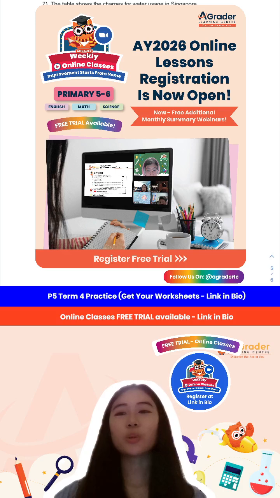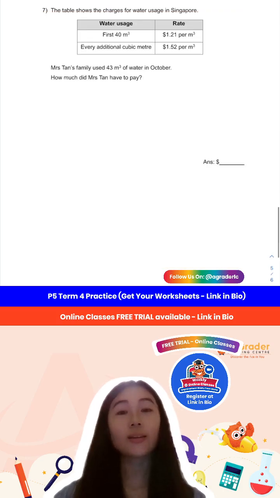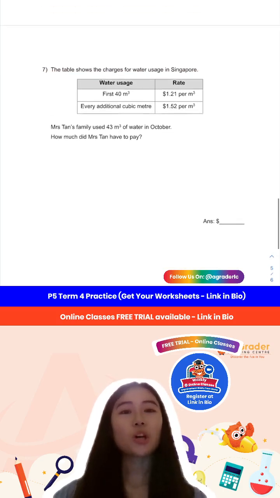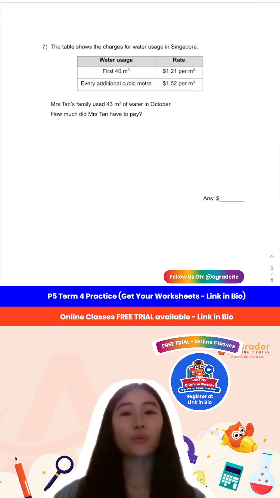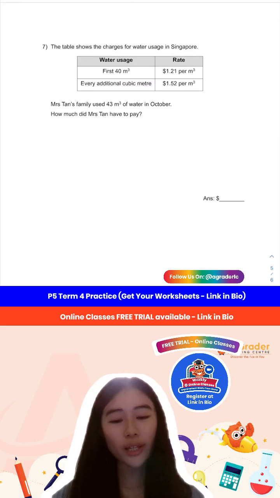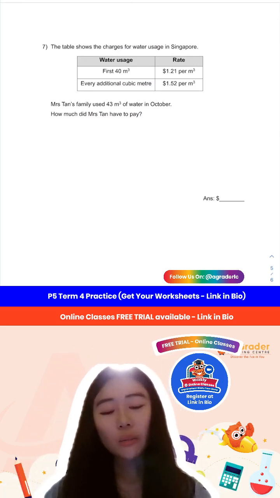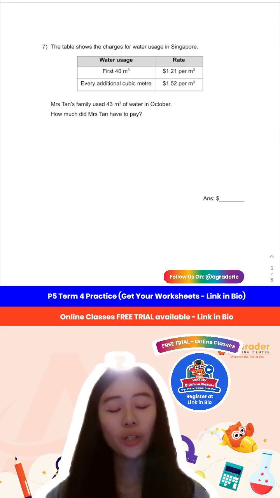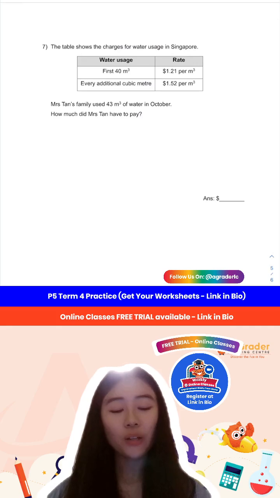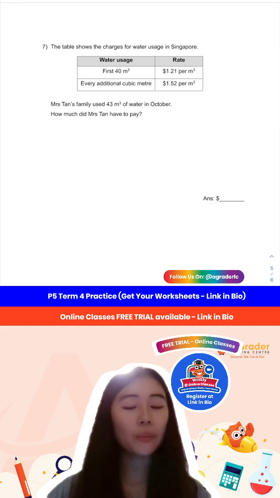Okay, shall we continue with the questions? Let's see. So just now we stopped here. This question is on rate. Alright, so you can try solving it and let me know your answer. The table below shows the charges for water usage in Singapore. So for the first 40 meter cube, the rate, or how much you need to pay, is $1.21 per meter cube.